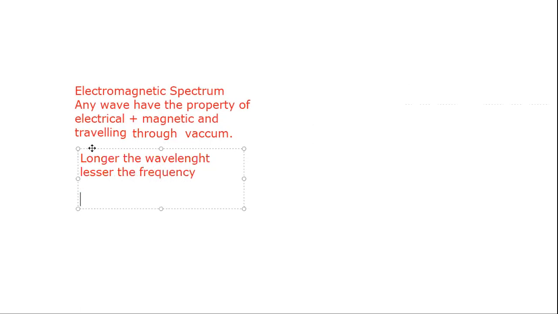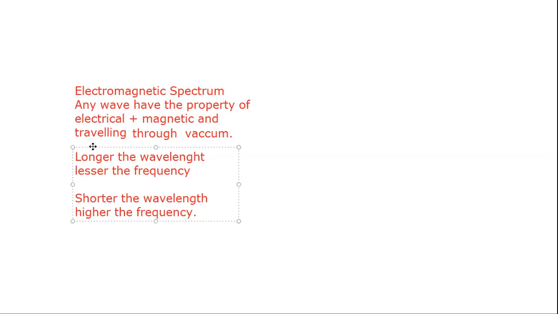Apart from this, we have different kinds of waves in the electromagnetic spectrum, but just giving you a brief revision: longer the wavelength, lesser the frequency, and shorter the wavelength, higher the frequency. So this is what we had learned in our first lecture.